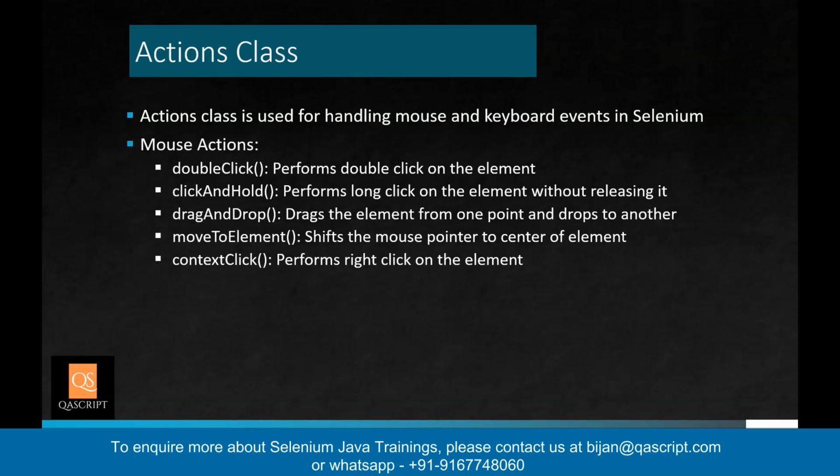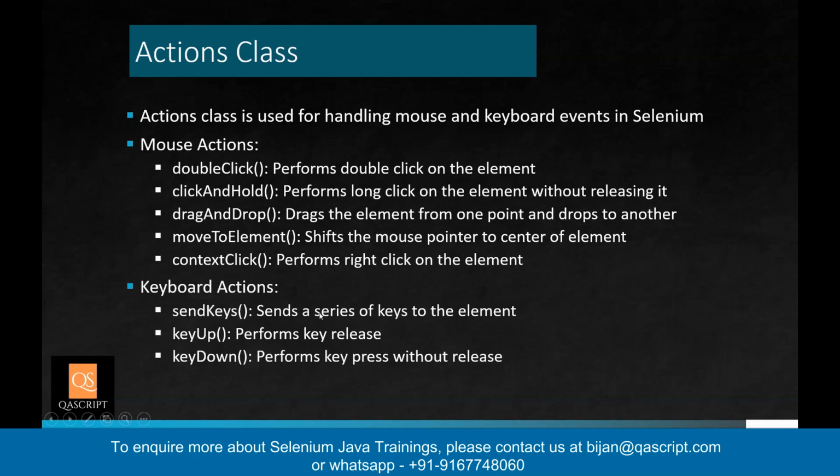So if you want to hover over an element through which it will show you some drop down items, or you just want to move to that particular element, you can use move to element. And when you want to perform a right click on an element, you can use the context click method. All of these methods are present inside the Actions class.